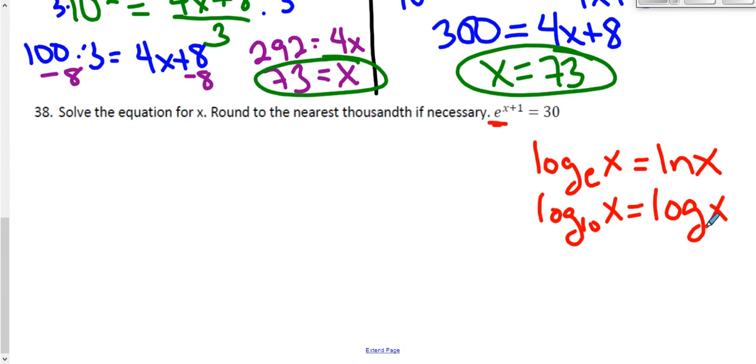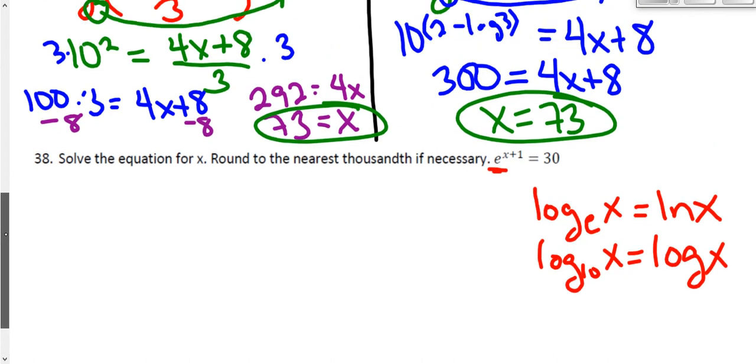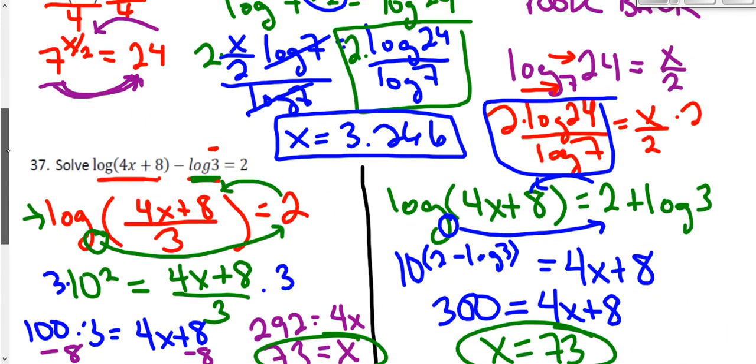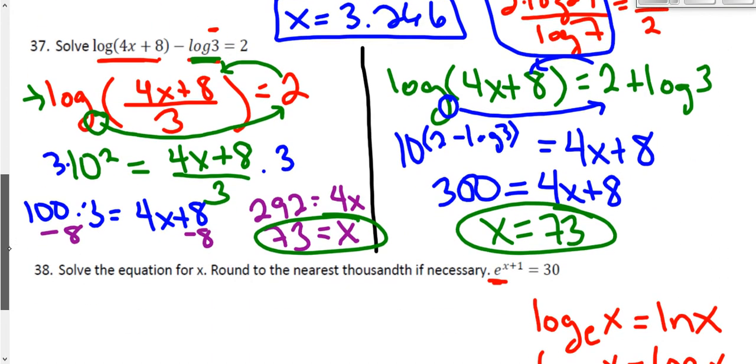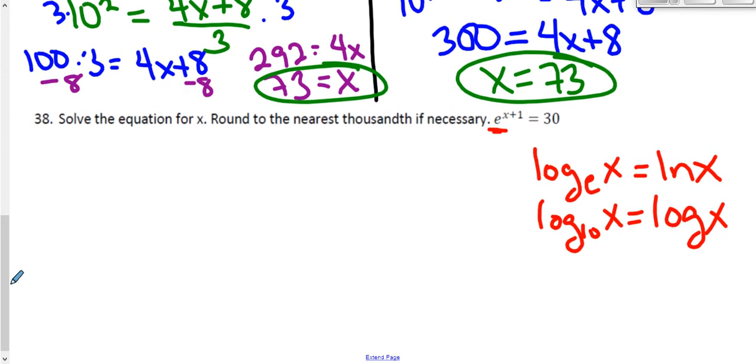Now, when I had 7 to a power up here, I did the log on both sides because I had just a regular number. So I used base 10 in order to justify that. When I see that e is my base, instead of using log, I'm going to use ln.